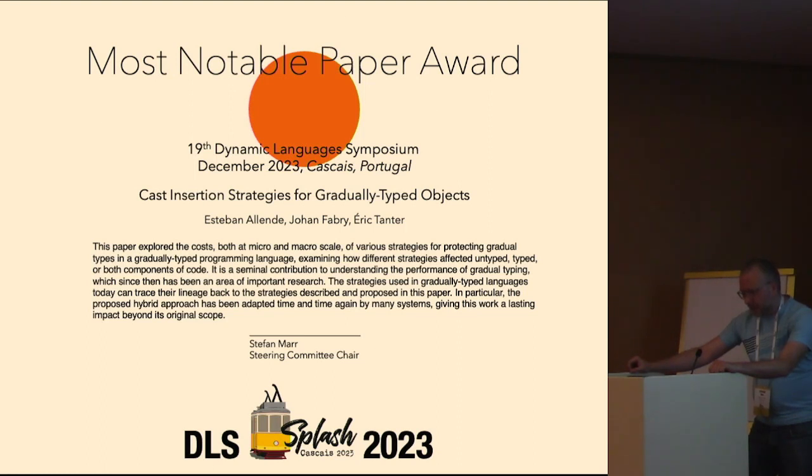It's a seminal contribution to understanding the performance of gradual typing, which since then has been an area of important research. The strategies used in gradual type languages today can trace their lineage back to the strategies described and proposed in this paper. In particular, the proposed hybrid approach has been adopted time and time again by many systems, giving this work a lasting impact beyond its original scope.